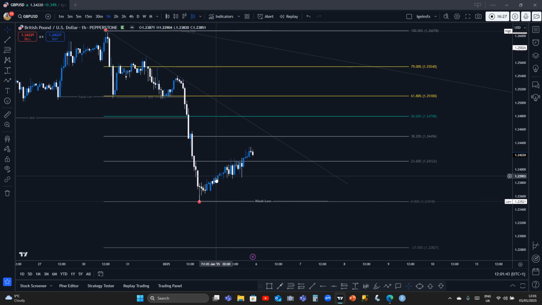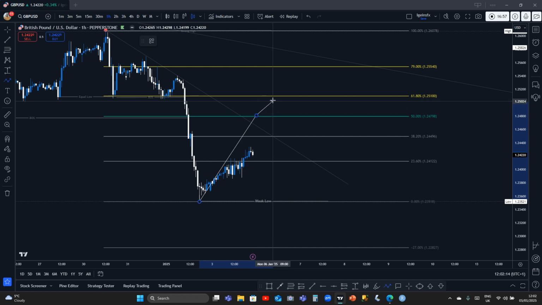Once price gets to this 50% level, or the 61.8% level, at most 79%, you watch out.